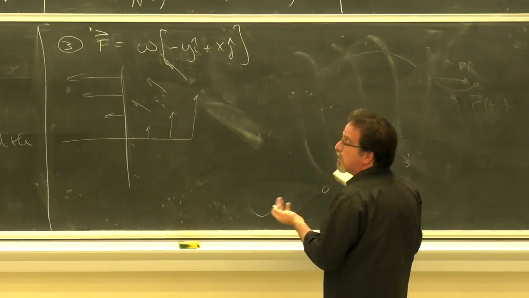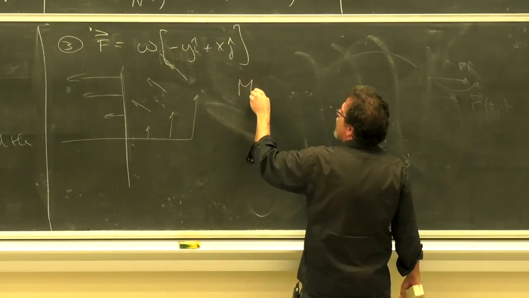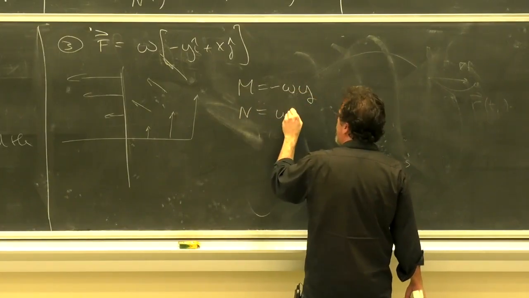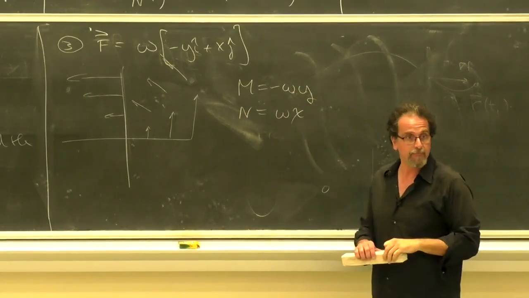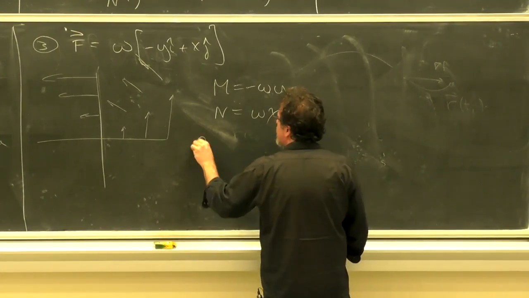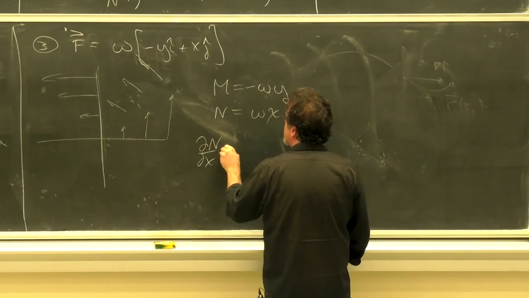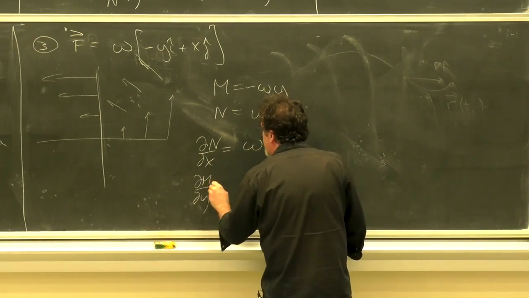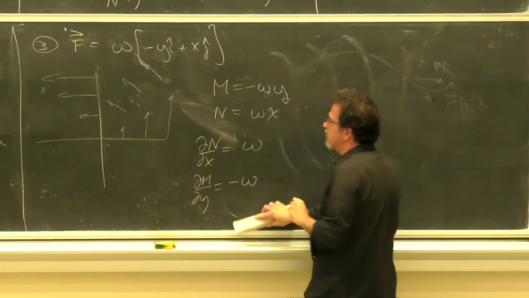Now, M in this case is negative omega y, and N is omega x. And look what happens here. dN/dx is equal to omega, and dM/dy is equal to negative omega.